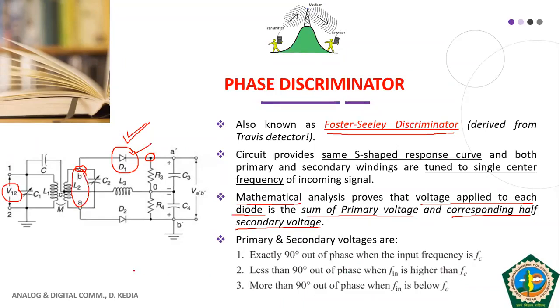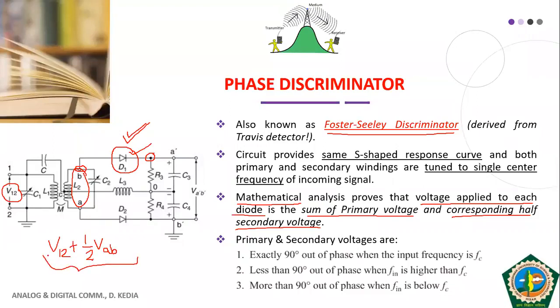So mathematically we have to prove that the voltage across the diode is the sum of the primary voltage, V12, plus 1/2 VAB. VAB is nothing but the secondary voltage. So mathematically we have to prove this.